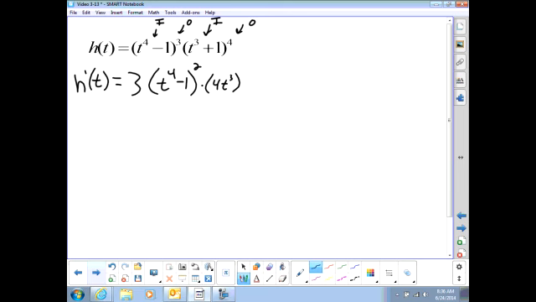So all we've done so far is the derivative of the first. We now need to multiply by regular of the second, which is t cubed plus 1 all to the 4th. So we've done derivative of the first times regular of the second.